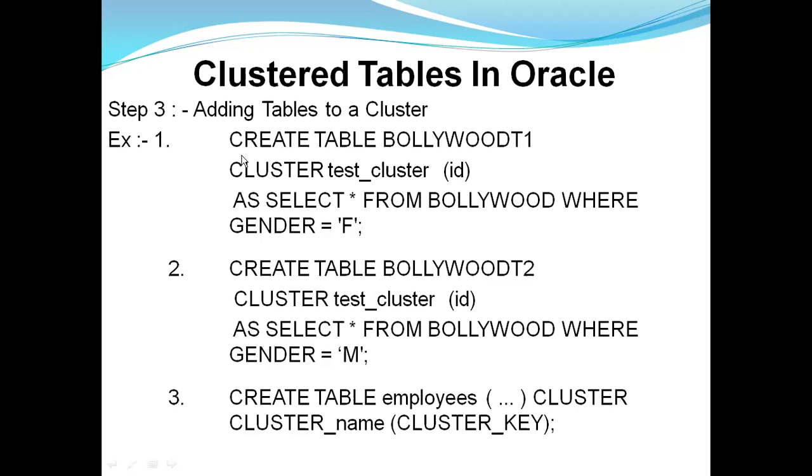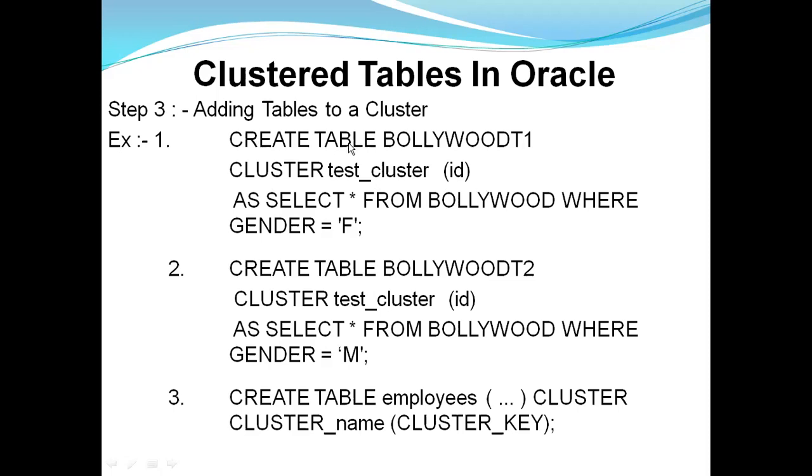We can say create table Bollywood T1, because I'm creating one table called Bollywood T1. Now this T1 I want to be a part of the test cluster. So simply before the as keyword, we'll use the cluster name and cluster column. Cluster column is nothing but the cluster key.